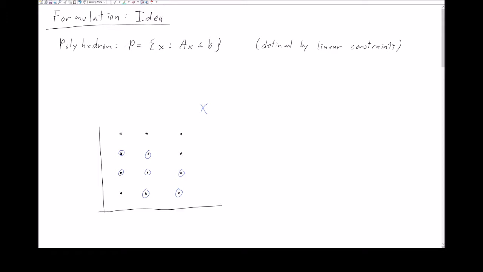Here we have a set X of points in our feasible set. These can be feasible points from an integer program or a combinatorial problem. It doesn't really matter. The idea behind a formulation is that we're going to take some polyhedron, which is just a set of points defined by some set of linear constraints, that's going to encapsulate this set X that we've circled.